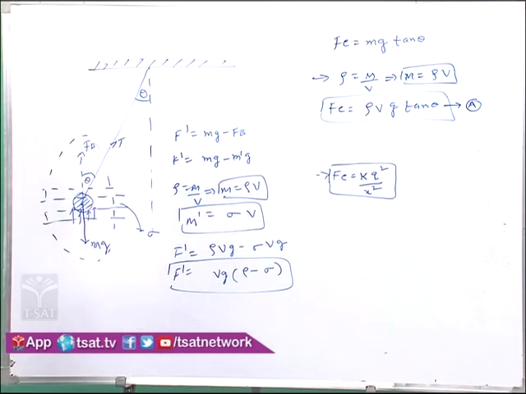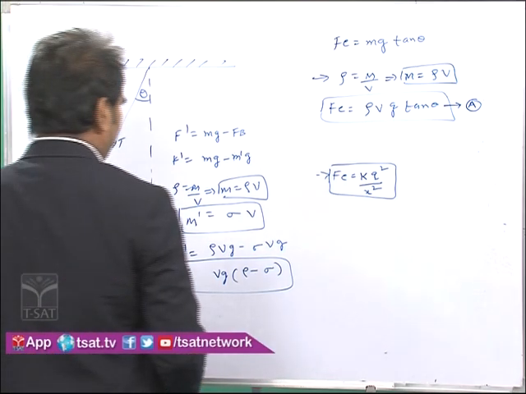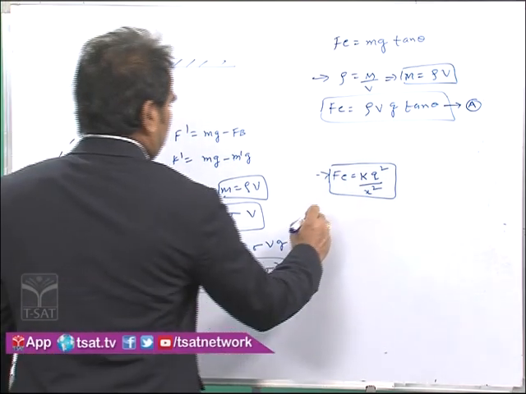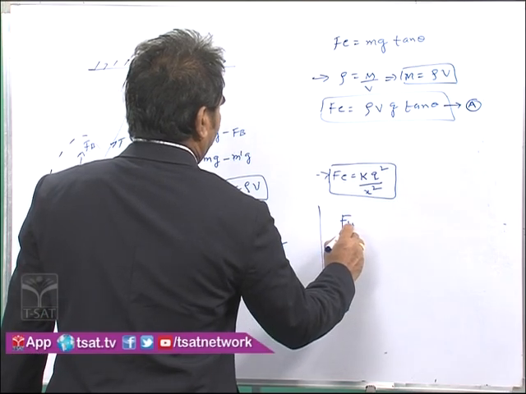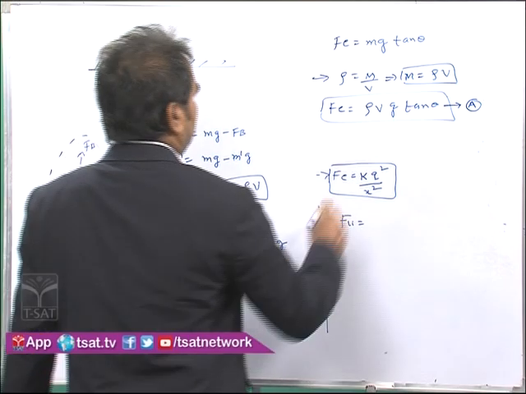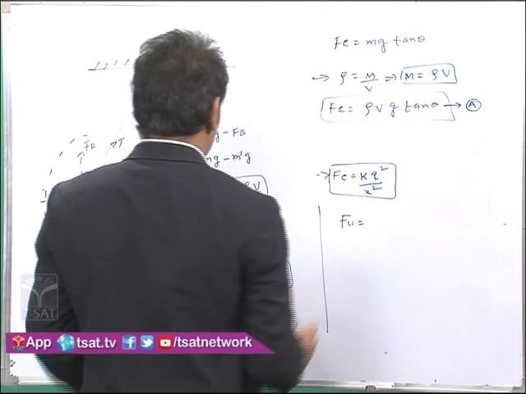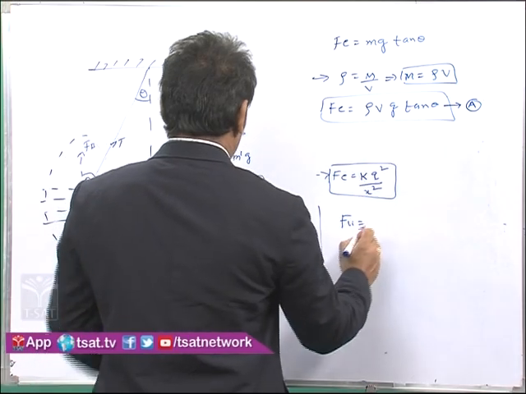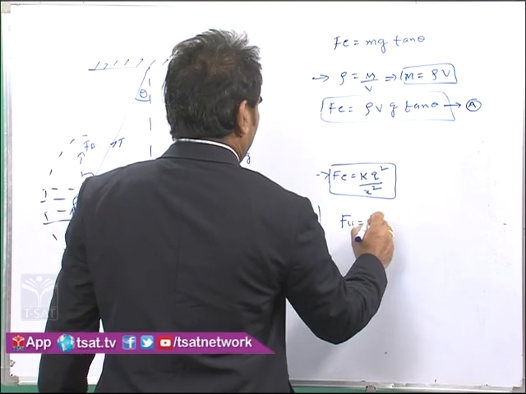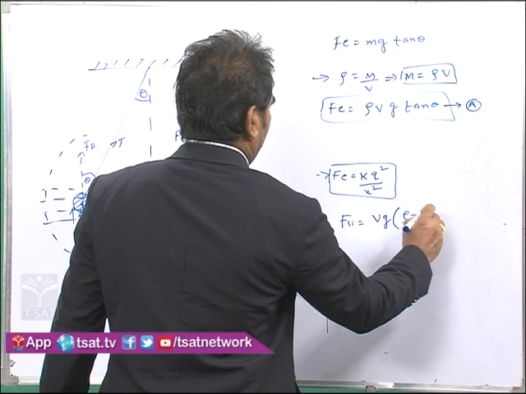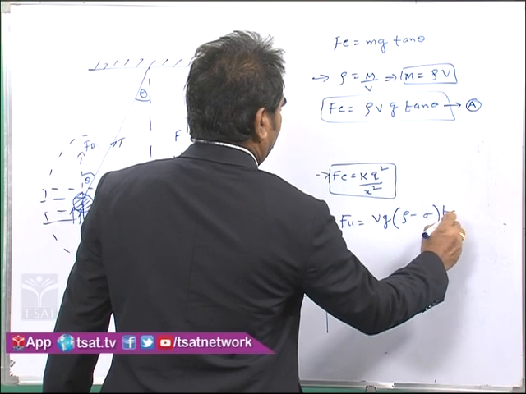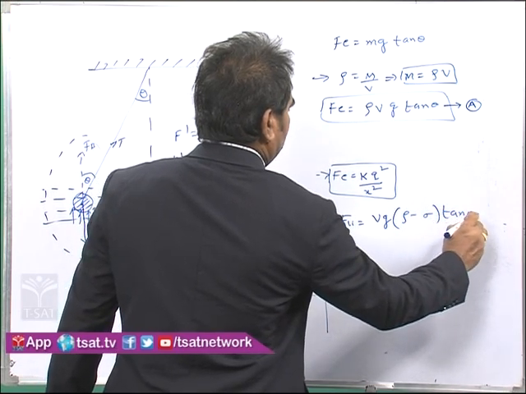Therefore, in this case, the electrostatic Coulomb force is given by F liquid is equal to Vg into rho minus sigma into tan theta. This is equation number B.